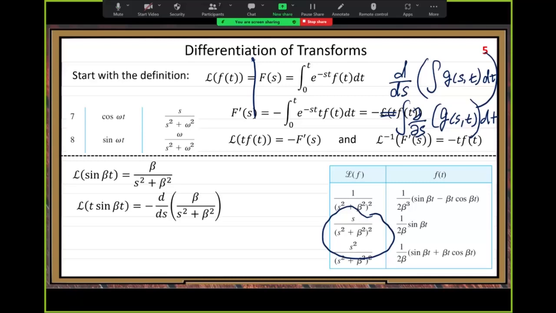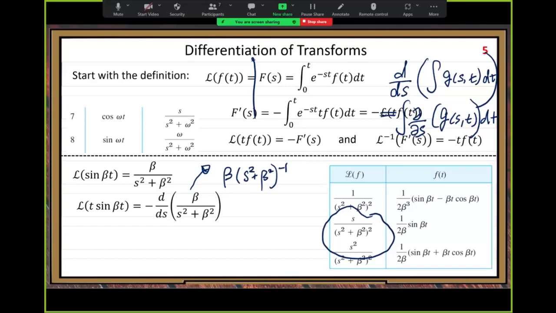For this one we can use the chain rule. I think the easiest way is to write it so that inside the parenthesis, beta is a constant, and we write s squared plus beta squared to the negative first power.